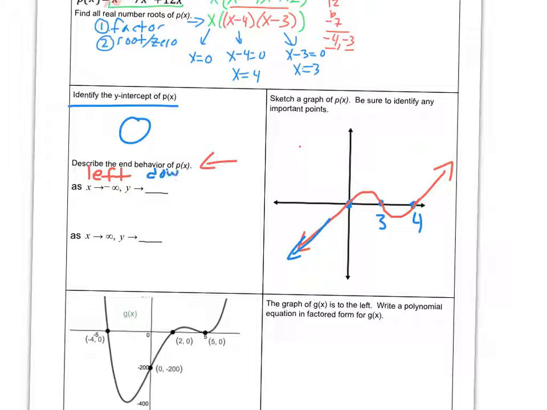So that's going to be negative infinity for the y. I can do the same thing on the right side. As x approaches infinity, means as our graph goes to the right. And as we go to the right, we're going up. I just spelled up with 2 P's. That's fun. And that's going to be positive infinity for this one.